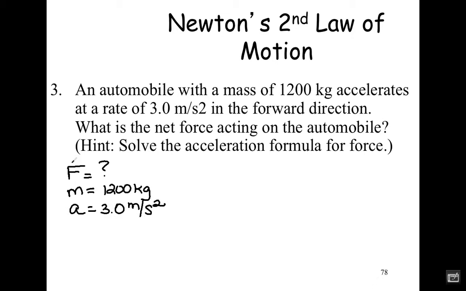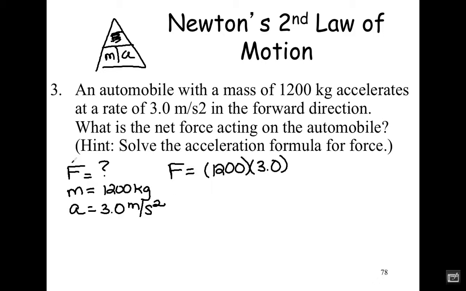So if I look at the triangle, if I'm solving for force, I take my mass and multiply it by the acceleration. Okay, so I take 1,200 and I multiply it by 3.0. So my force is going to be 3,600 on my calculator.